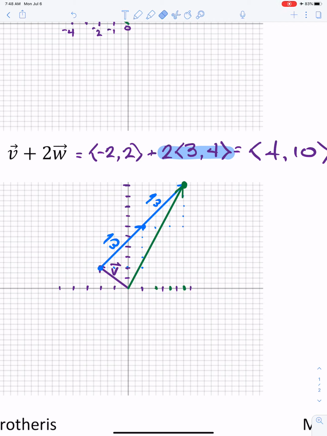Let me see if I can erase my little mistakes here. Apparently not without erasing everything else. 1, 2, 3, 4. So it's that counting by 2 that's an issue. And so this is the vector V plus 2W.